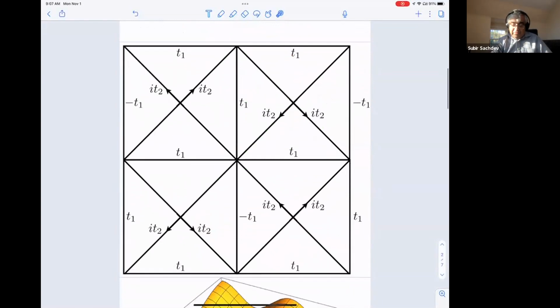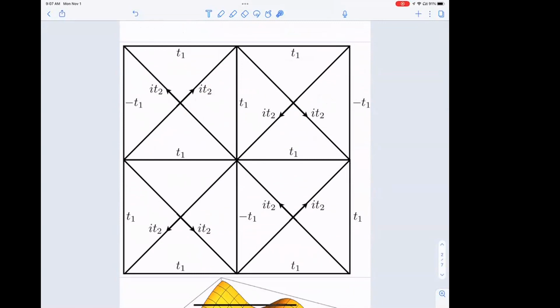T1 and T2 are real, but for example, this hopping matrix element has an i in front, and so it's imaginary. So the diagonal bonds are imaginary, and the horizontal and vertical bonds are real. And by making this ansatz, we have broken time reversal symmetry, as you see. But then I can ask my question: how is this preserved by the gauge transformation?